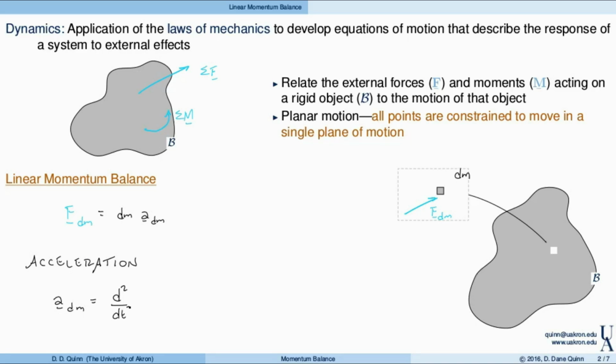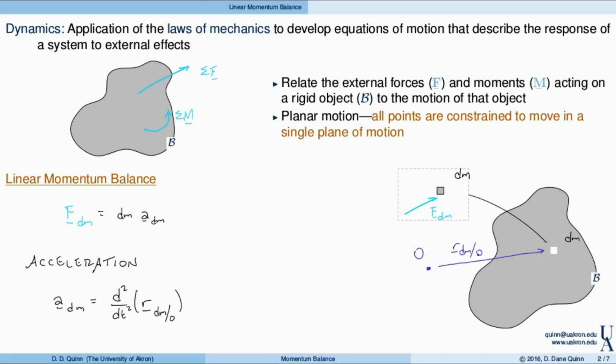We'll describe that position vector as r of dm with respect to O, where O is some origin out here in the ground. Again, this is where this little mass element is in the object.